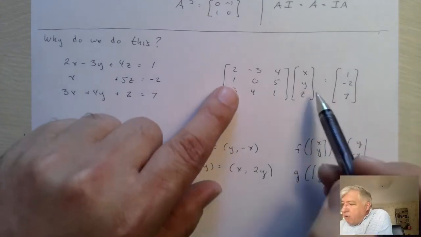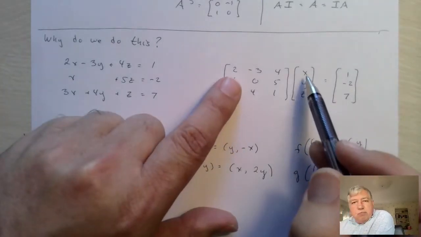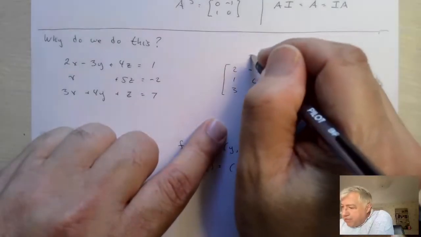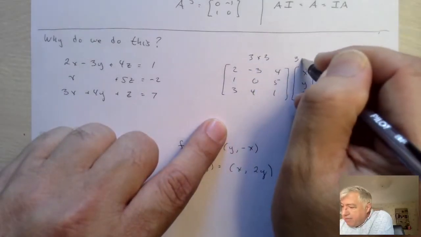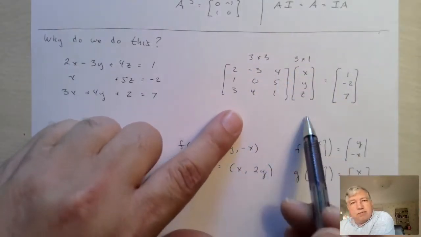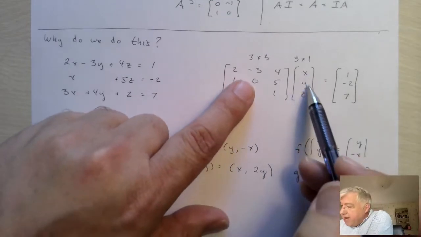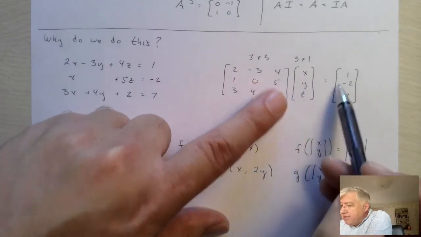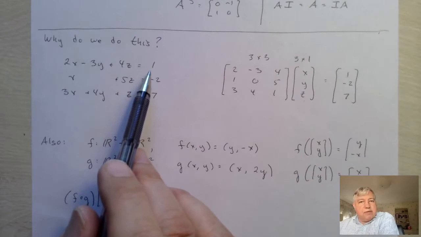That's exactly what we get if we multiply this 3 by 3 matrix by this 3 by 1 matrix. So this makes sense. We get 2x plus -3y plus 4z equals 1, which is exactly this equation.